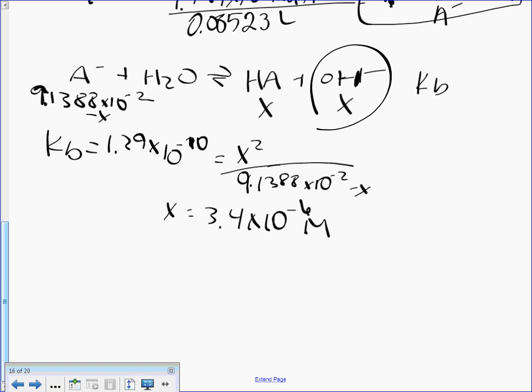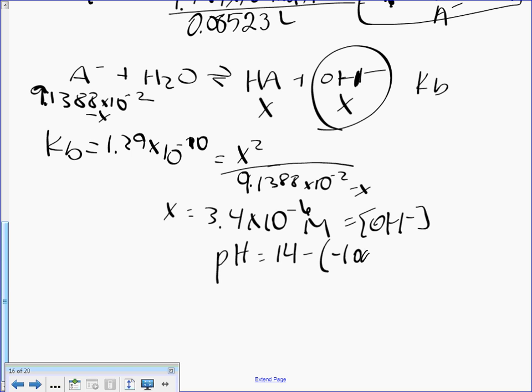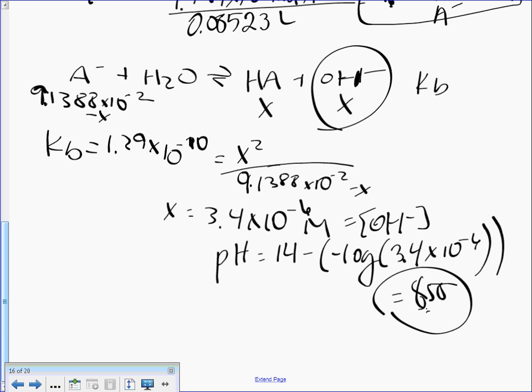So this is hydroxide. And then from there, you'll do pH is equal to 14 minus the negative log of 3.4 times 10 to the negative 6, which is your OH minus here. And that's like 8 point something. 8.55, 8.5.